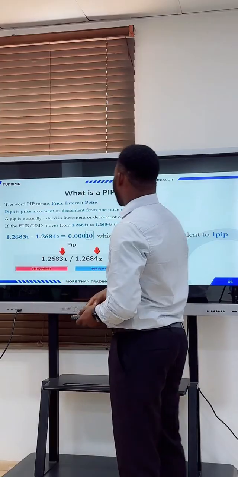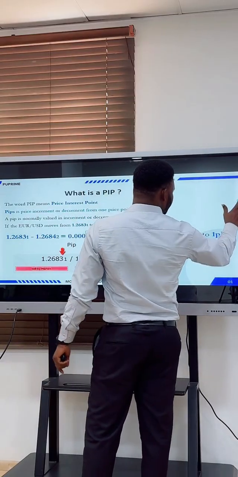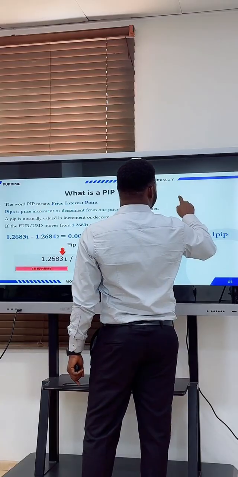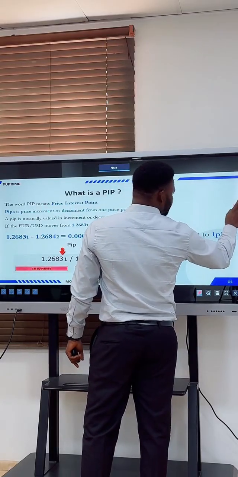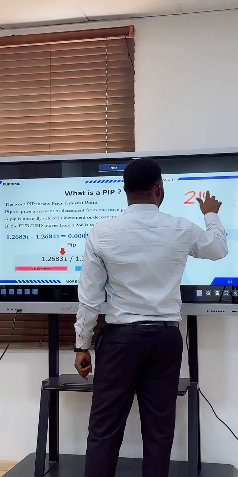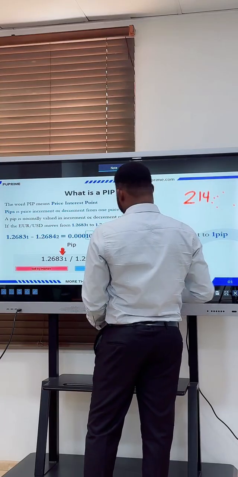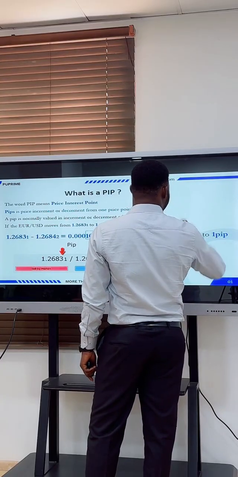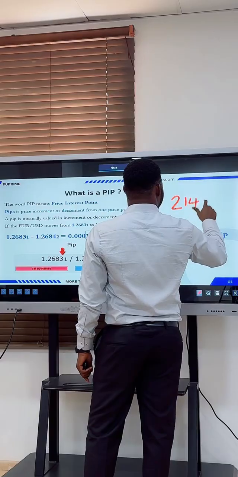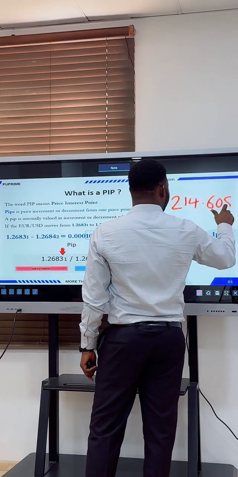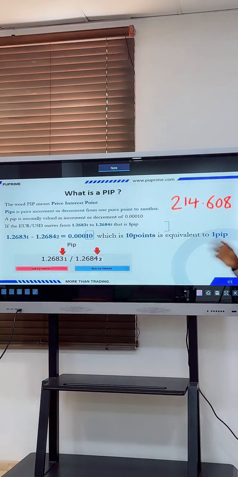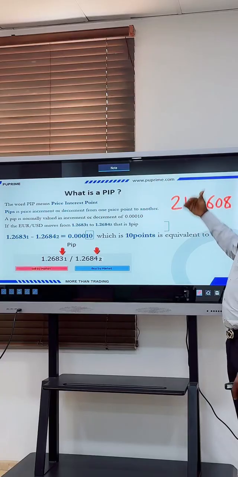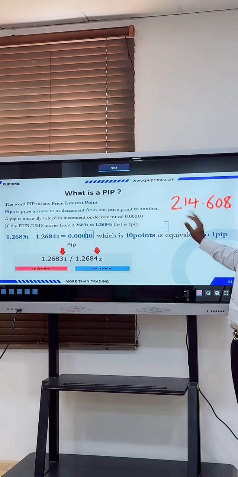For example, JPY pairs show their price action like this, with 3 decimal places.